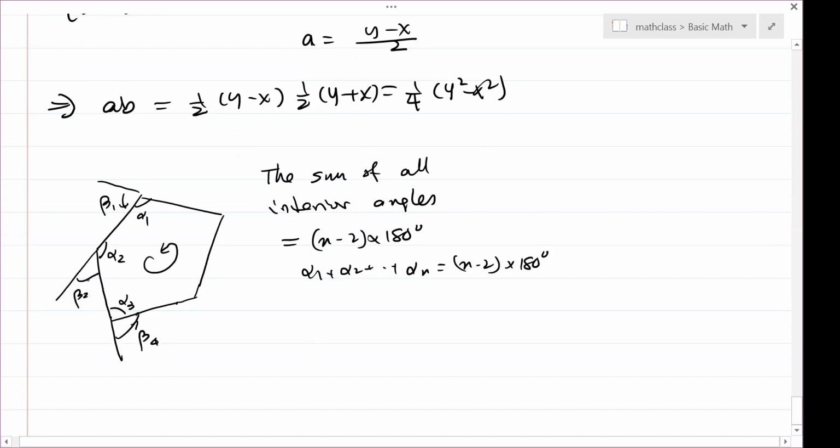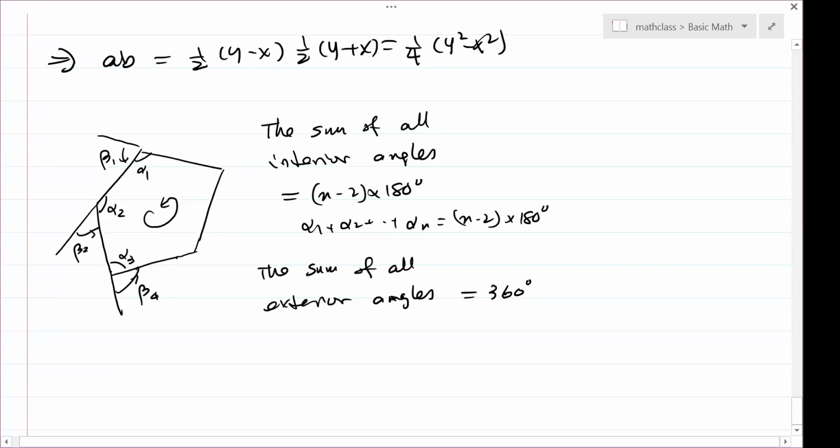Okay. Yeah, the orientation is very important. Okay. Then this angle is called the exterior angle. The sum of exterior angles is always equal to 360 degrees.